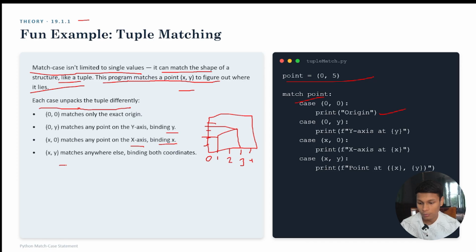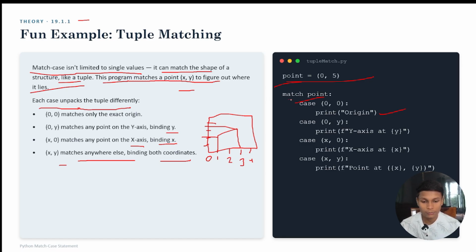Then x, y matches anywhere else in the graph, binding both coordinates. So let's see how we write the code for this using the match case statement. We are going with a variable point equal to 0, 5, which is our value.